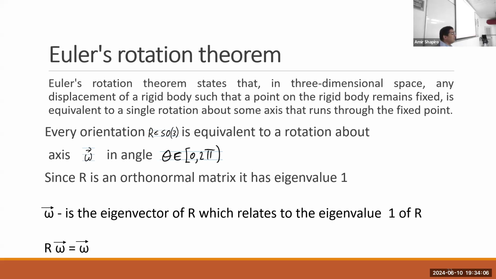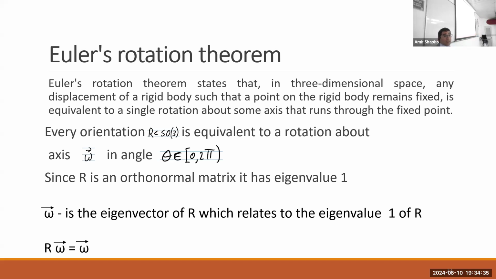So Euler said that every rotation, only rotation, sorry, not translation, every rotation or set of rotations of a rigid body can be expressed as a rotation on some axis in the space.